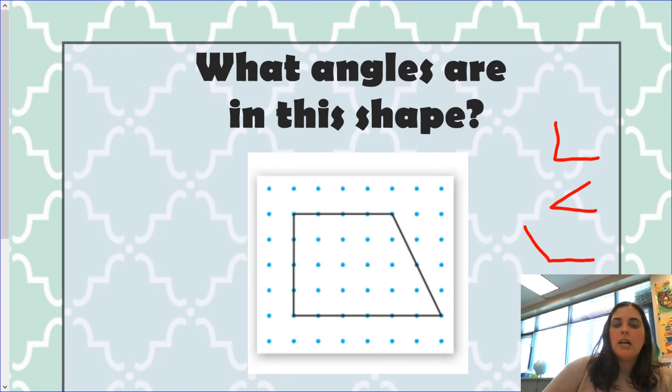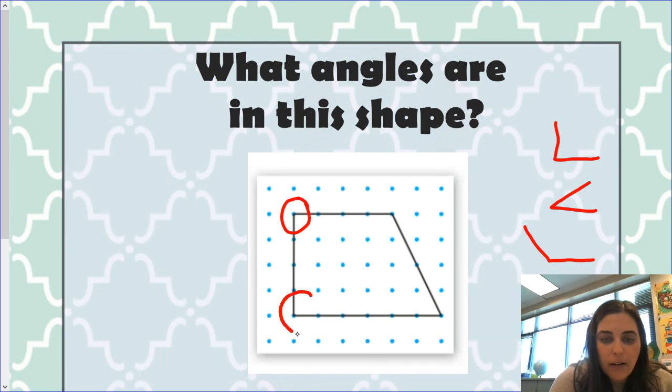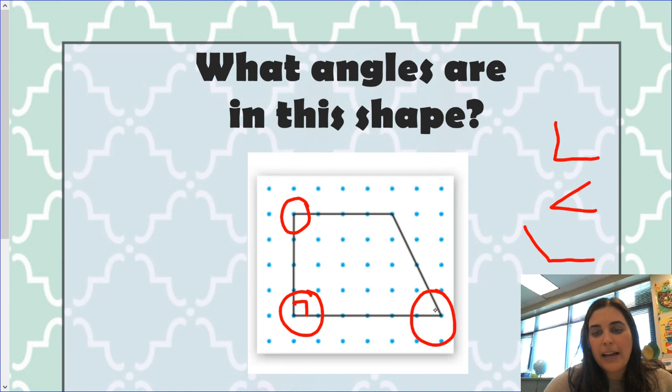If you were to say that this is a right angle, you are correct. Here's another right angle, because if we draw that little box, it's going to make a perfect square. Let's look at this angle here. This angle would match this one here. It is smaller than a right angle.